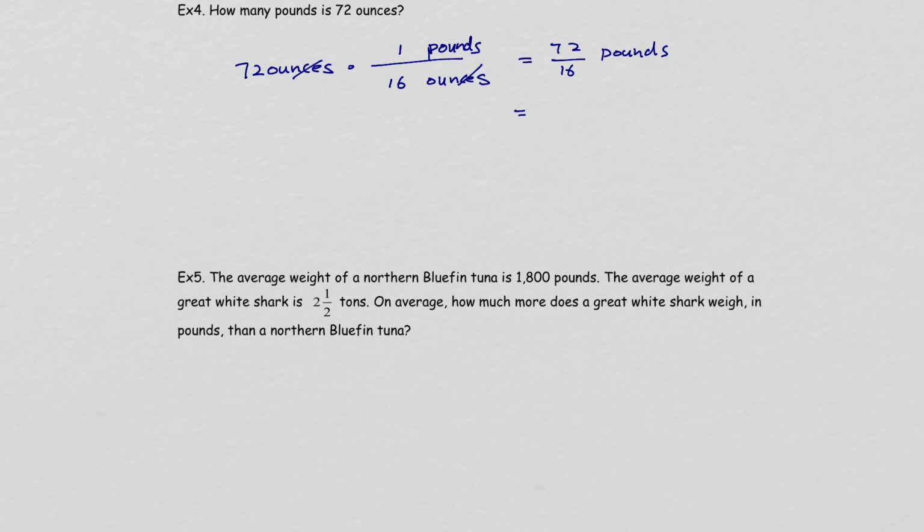This gives you, when you reduce, 18 over 4, which is 9 over 2. I mean, just reduce all the way, right?